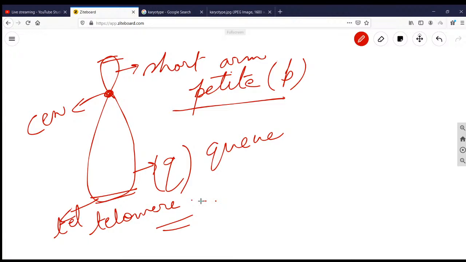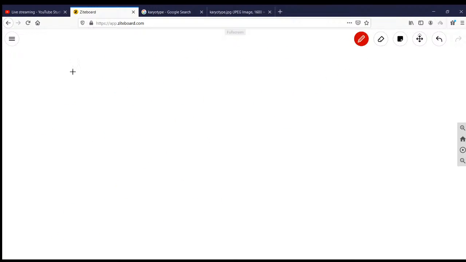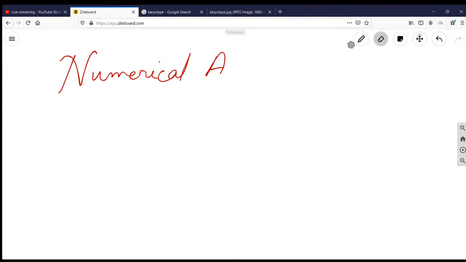Numerical aberrations means the number of chromosomes will vary. The number of chromosomes in the person will vary. It is mostly of two types.